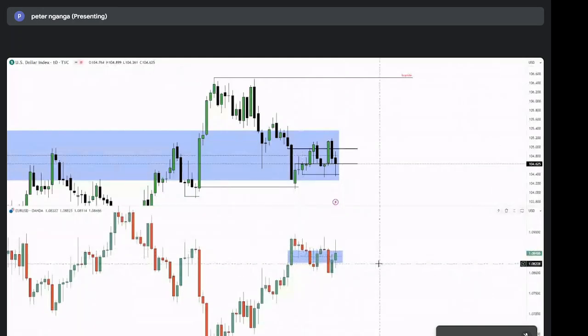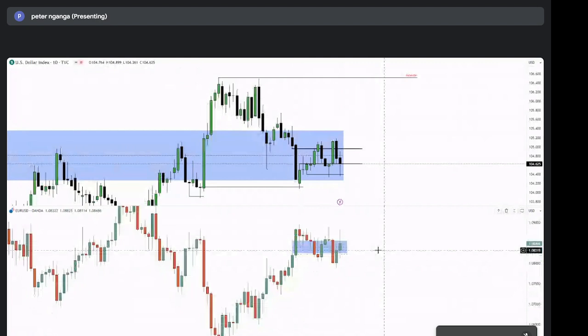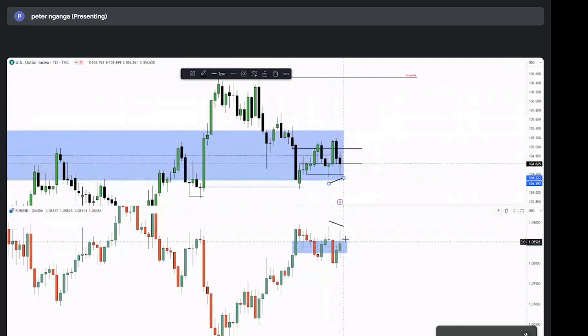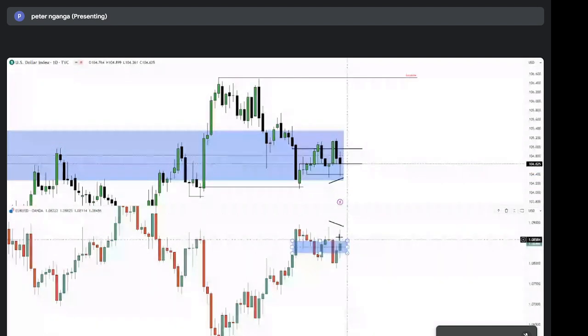Yes, we did. And again, now two lows are going to be symbolizing the strength and the weakness of the dollar and the euro. So we are failing to make a lower low, and we are failing to make a high. This is a crack in correlation of the pair and the dollar itself.